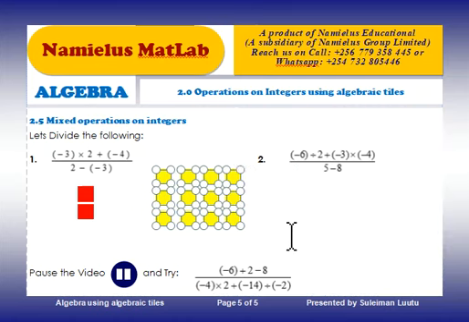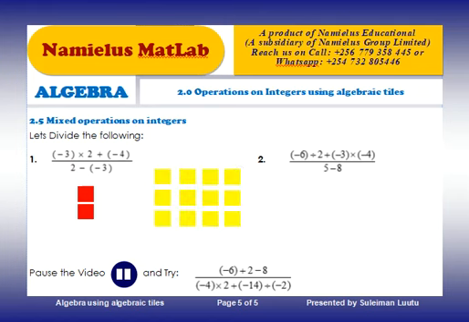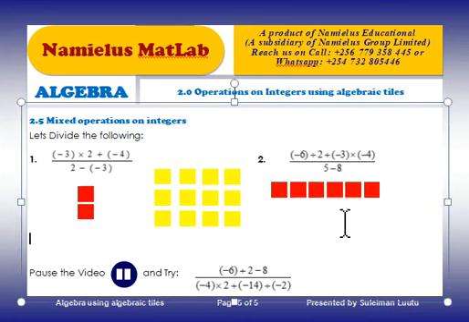Then we have this negative 6 divided by 2. So this is negative 6, which is that. Then we divide it by 2.